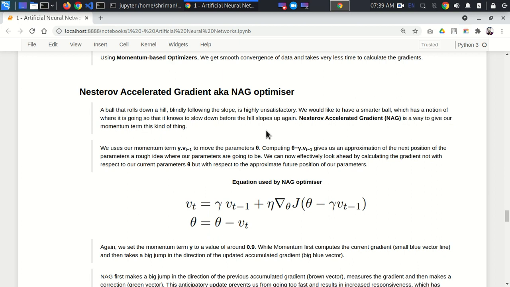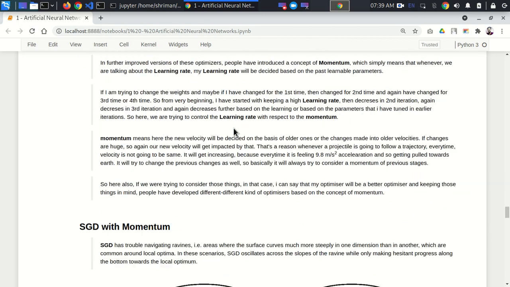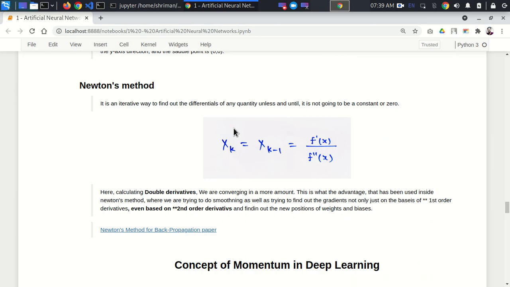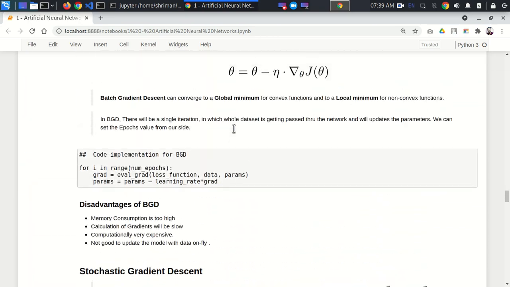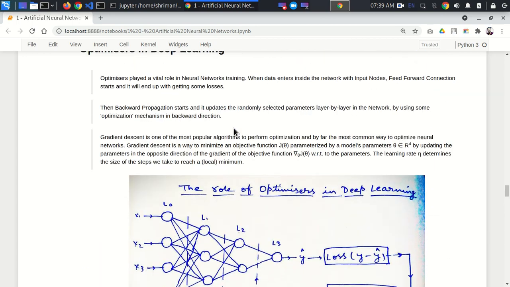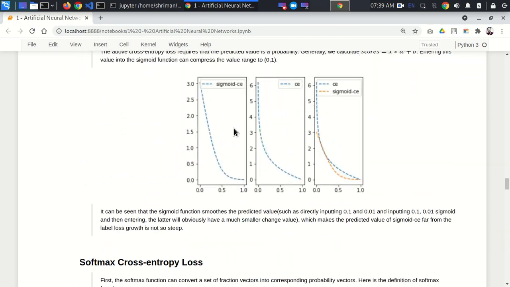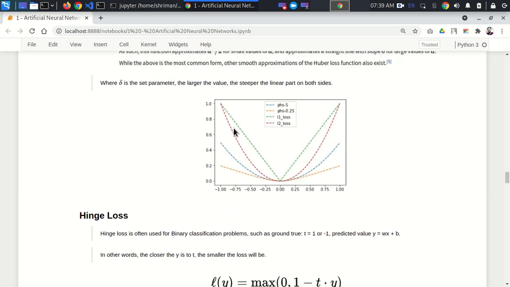See, actually what is happening here and what people were thinking, just try to focus on my words. Suppose I go with some kind of graph, then I think it would be better for me to explain these things, right?